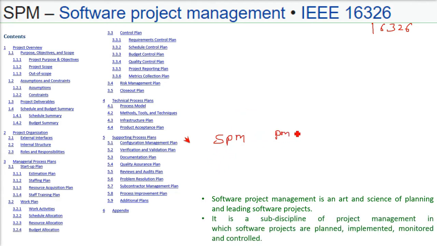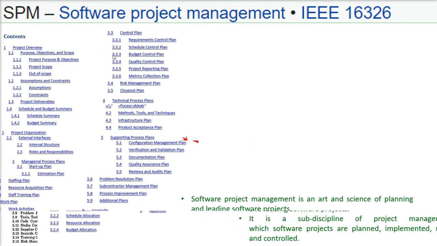It is a sub-discipline of project management in which software projects are planned, implemented, monitored, and also controlled. All this comes under Software Project Management, IEEE 16326.